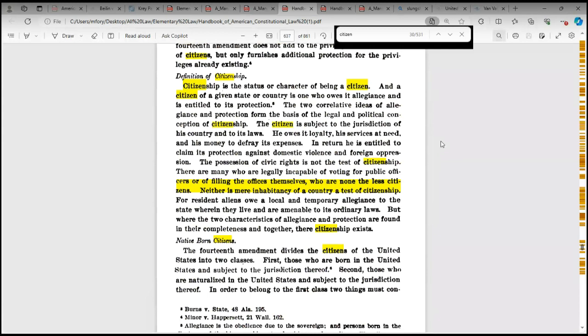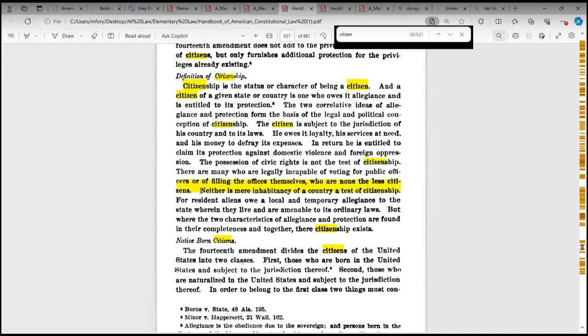For those who believe they are American nationals, that term expressly does not apply to any person born within the state of a union, because those persons are not eligible. American nationals cannot vote. They have other privileges, but because they are not of a state, right? They are of a territory.